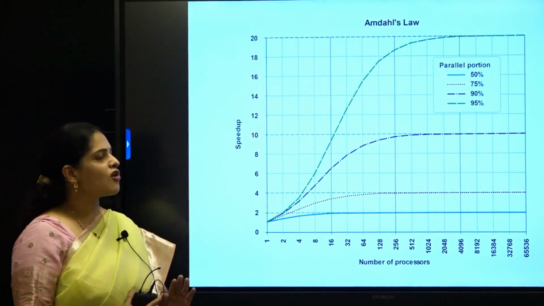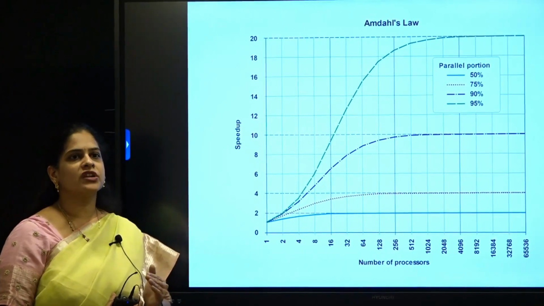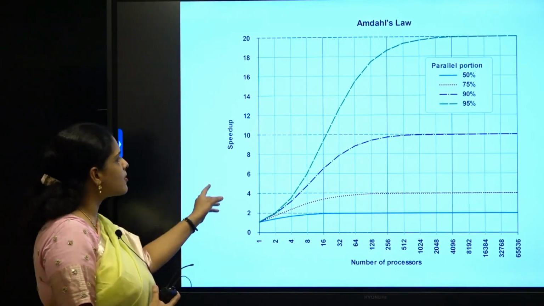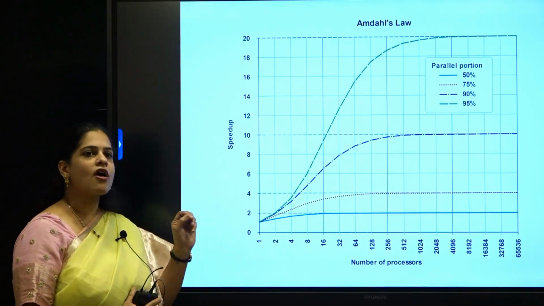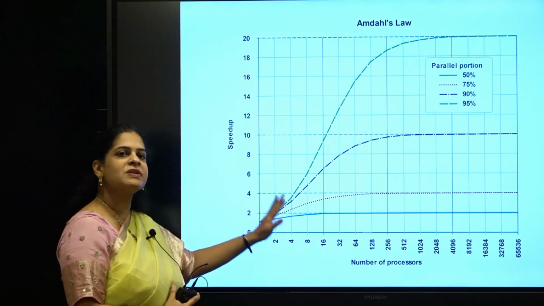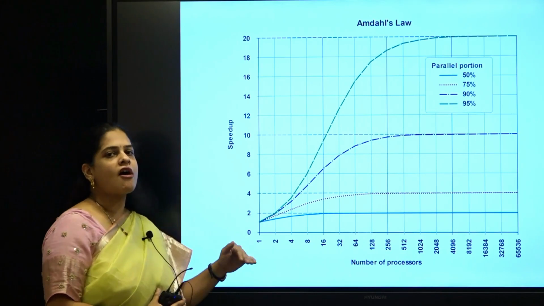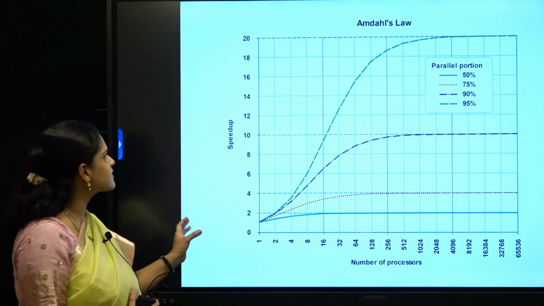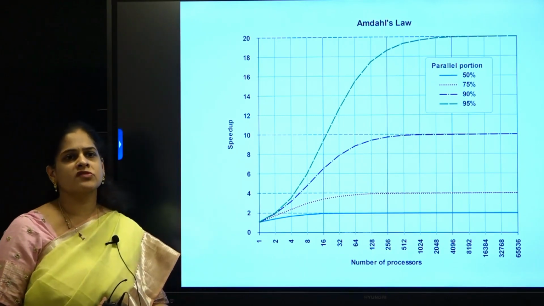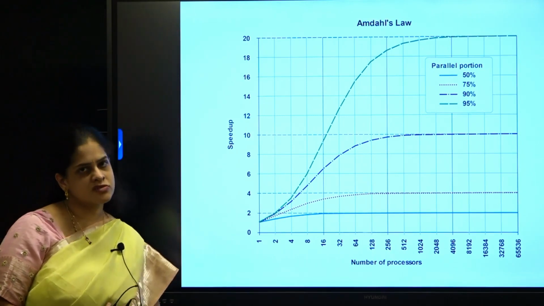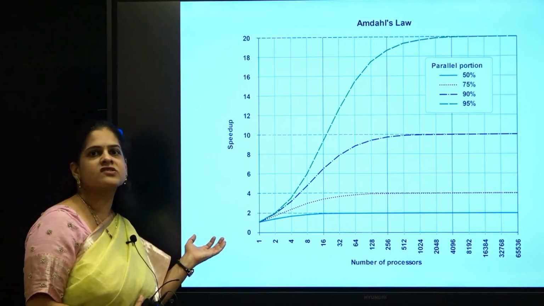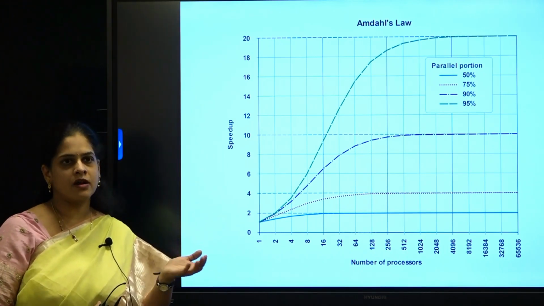So up to 4, when you increase from 1, 2, 3, 4, as you increase the number of processors, the speedup of your program increases. But after a certain point, no matter how many processors you add, the speedup remains saturated. After 4, because your problem size is fixed, if you increase the 4 processors to 10 processors, the same work of 4 functions is being distributed among the 10 processors.